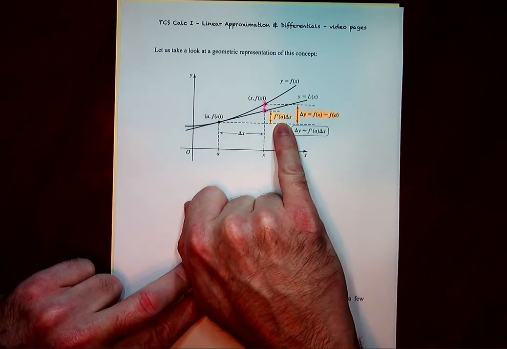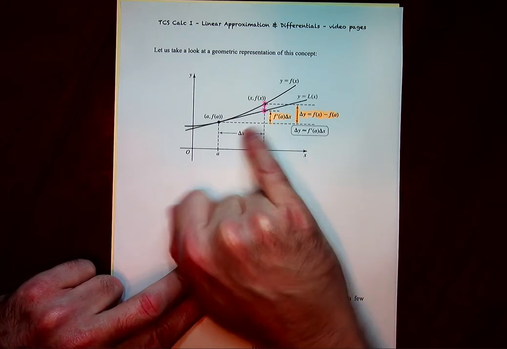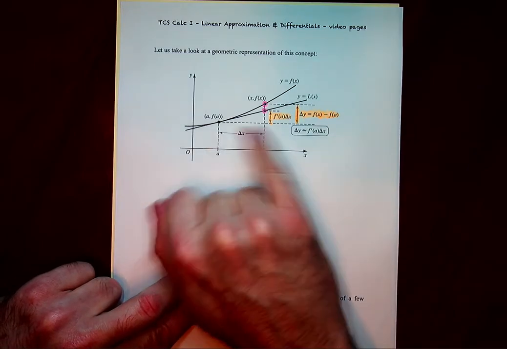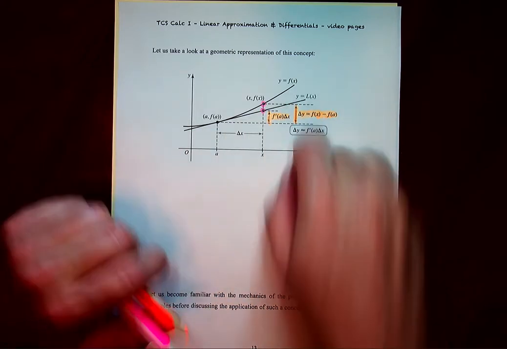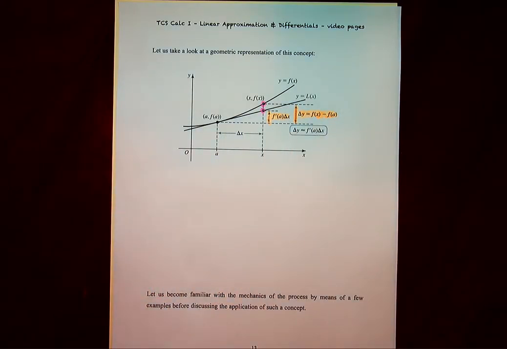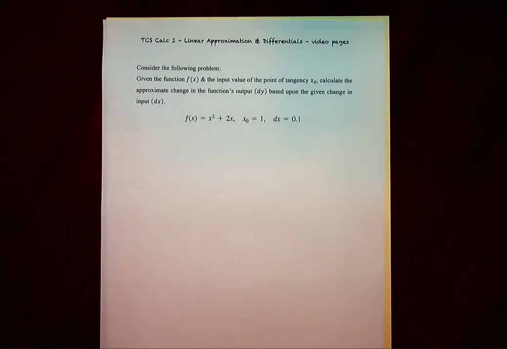Whereas this right here represents dy, not delta y, and it represents the change in output over this delta x period, but it is using this tangent line and its approximate slope to the original function to actually represent that. So again, we're not looking at approximate outputs, but approximate change in outputs. And that's basically what the difference is between the last topic and this topic. So related, but distinct, okay?